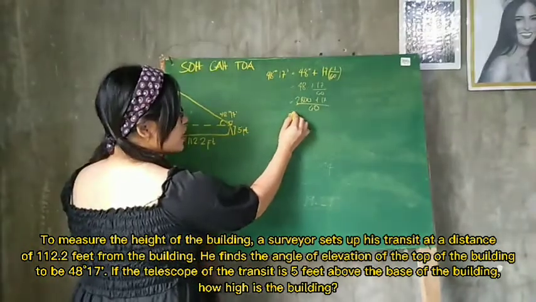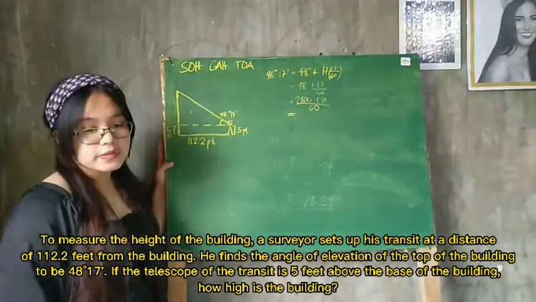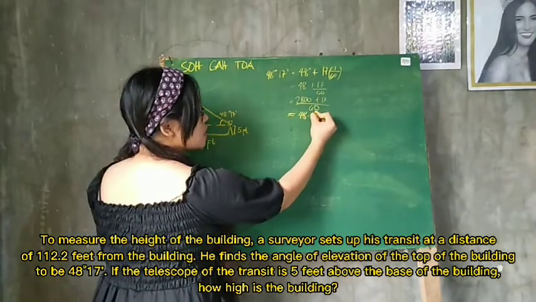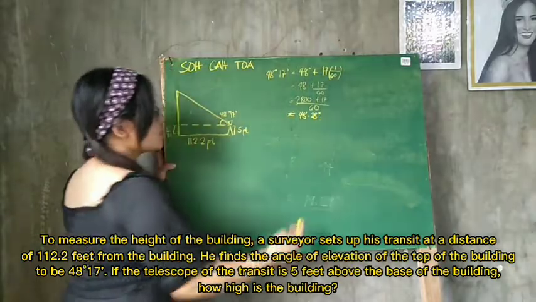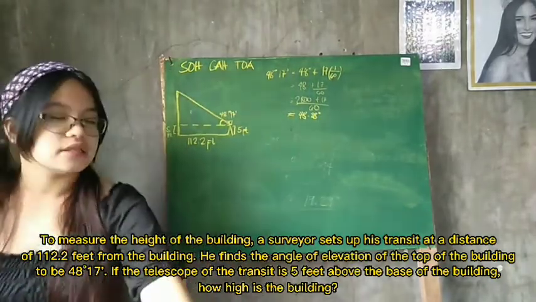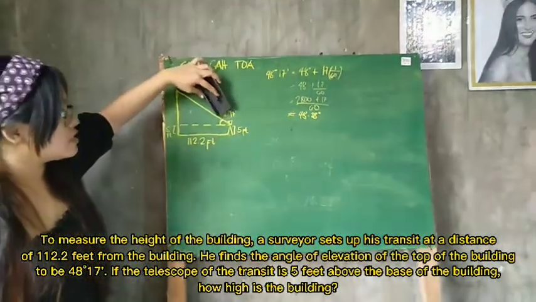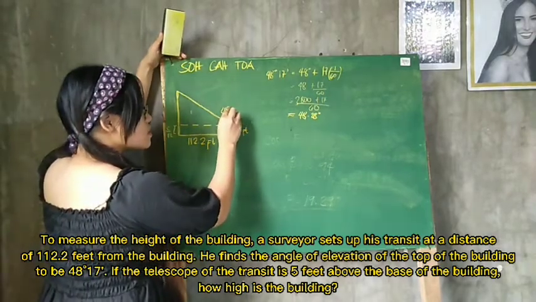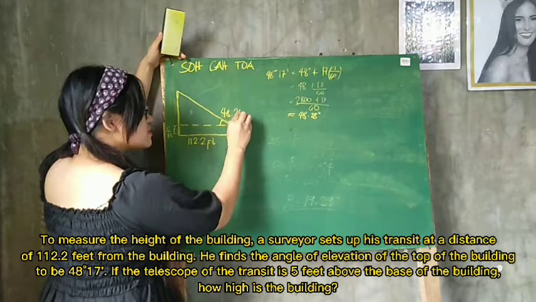If you divide them, it is approximately 48.28 degrees. So we will change 48 degrees 17 minutes into 48.28 degrees.